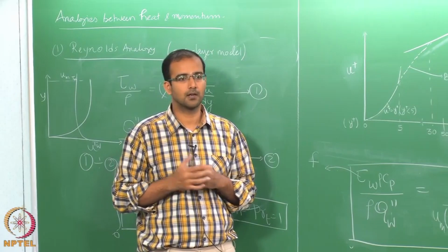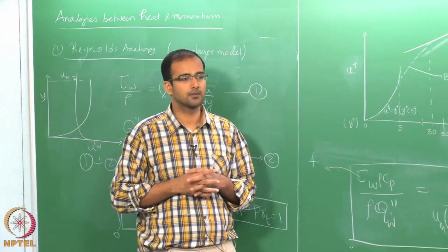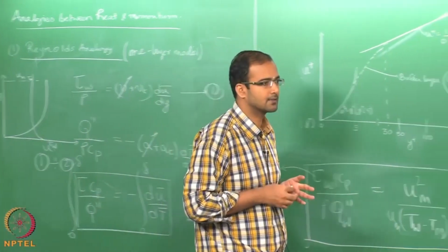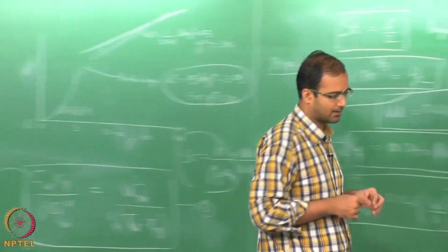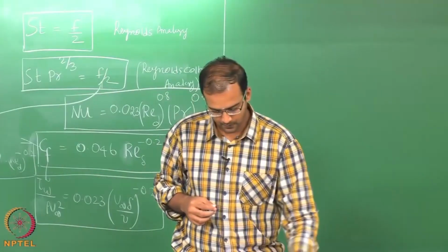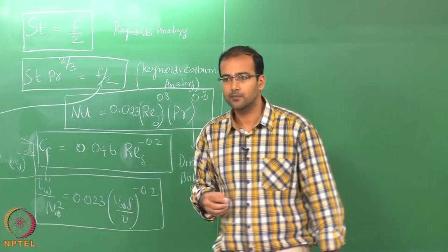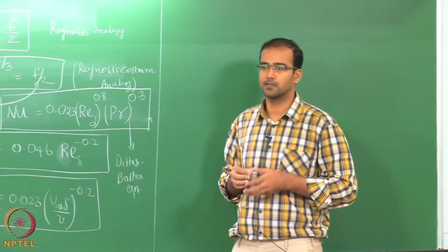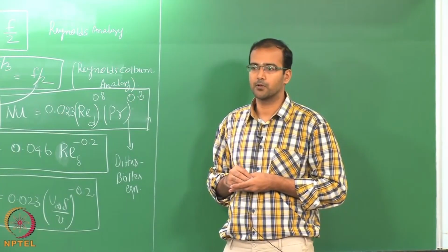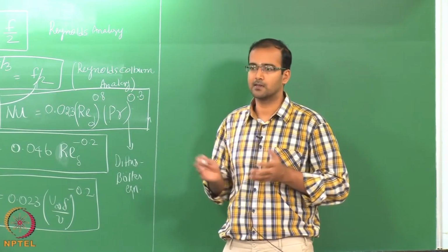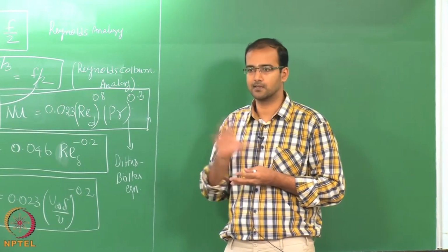That is called the von Karman analogy. We will derive these two analogies. At least I want to derive the Prandtl-Taylor, or two-layer, analogy, then I will just give you the expression for the three-layer analogy. Most of the turbulent heat transfer is dealt with using these analogies.